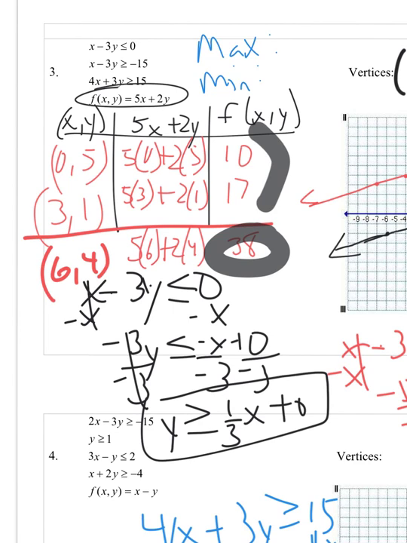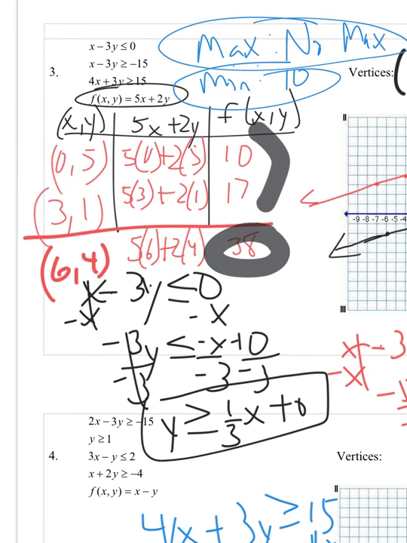So you notice the 38 is bigger than our 10 and 17, so it's going to keep getting bigger. So this one's going to have no max. It keeps getting infinitely bigger and bigger and bigger. The minimum would be the smallest of the two values that we have there, which is 10. So our min is 10, in unbounded regions, no max. Now bounded regions will be different, we'll look at that in a second.